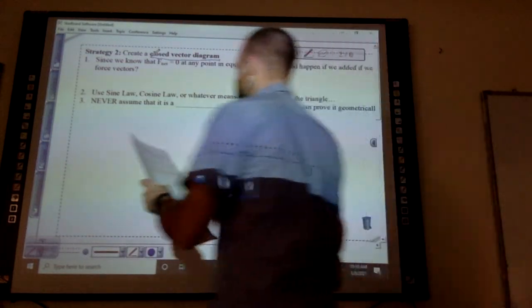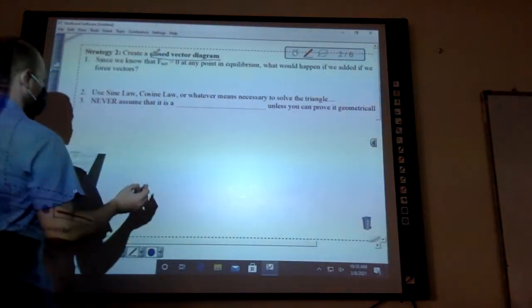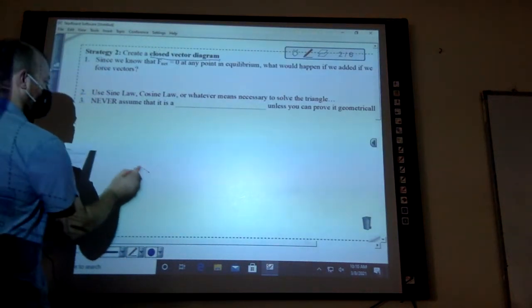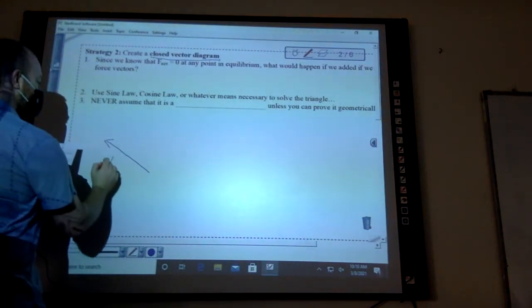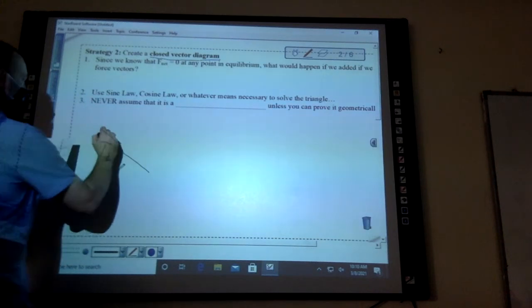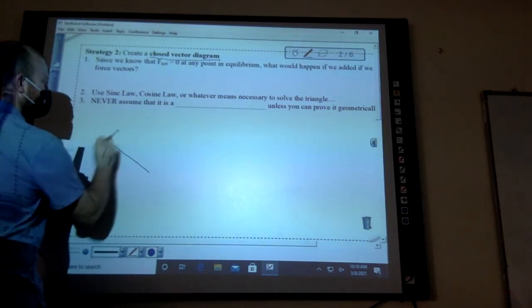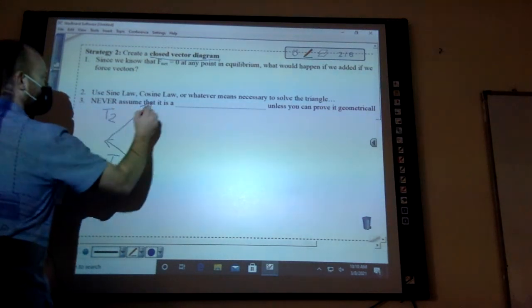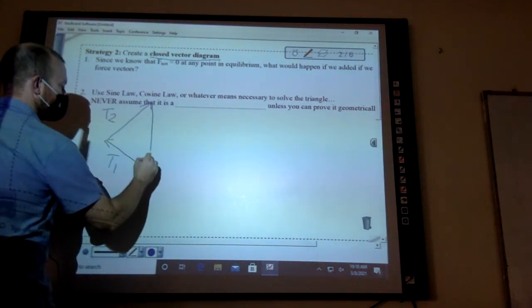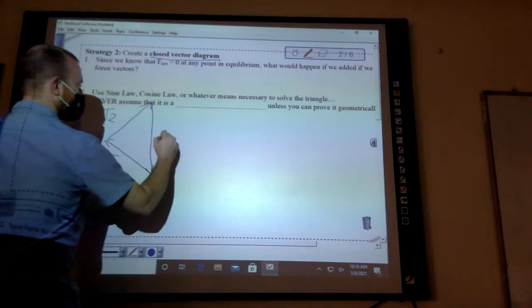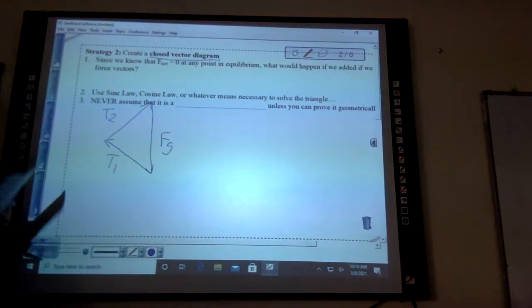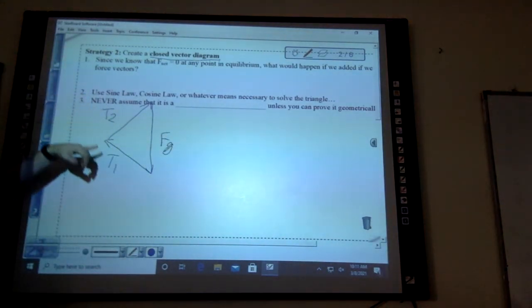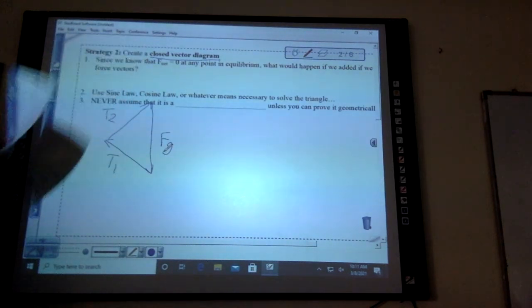So we had something like this. I had T1 look like this. T2 looked like this. And here's FG. Notice I get a closed triangle when I draw this all out. This is what I mean by a closed vector diagram.